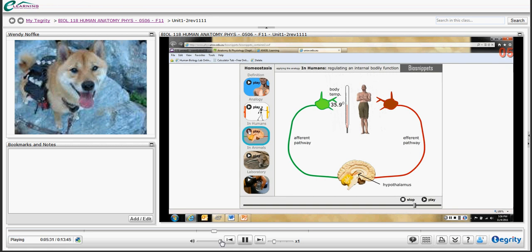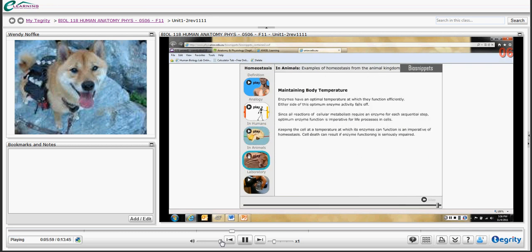An impulse will be sent by way of the afferent pathway to the central nervous system, and in this case to the hypothalamus, whose main function is homeostasis. On the basis of this sensory input, the hypothalamus sends signals by way of the efferent pathway to the effectors, causing them to respond in such a manner as to counterbalance the impact of the initial stimulus.